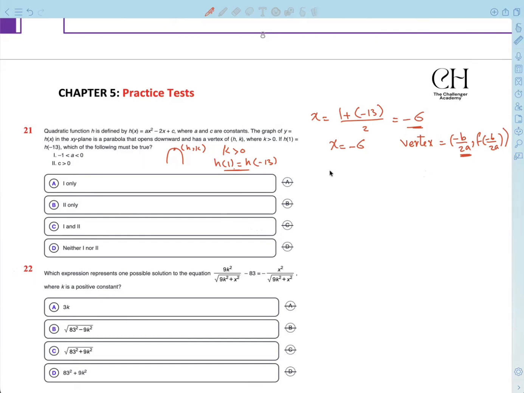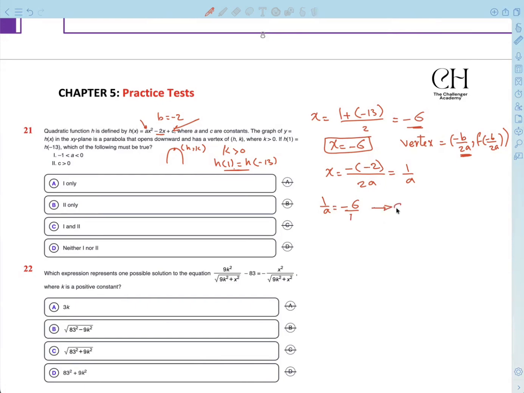So x equals negative b, where b is negative 2, over 2a. Negative, negative will be positive. Cancel 2 with 2. So x is 1 over a. Now we have 1 over a equals negative 6, as we mentioned before. Cross multiplication, it means a, or flip both.